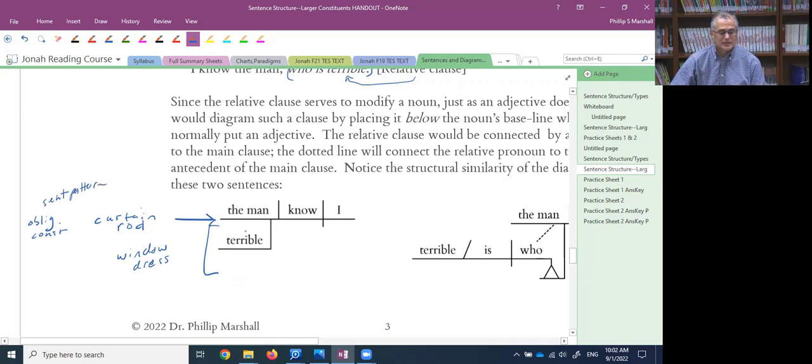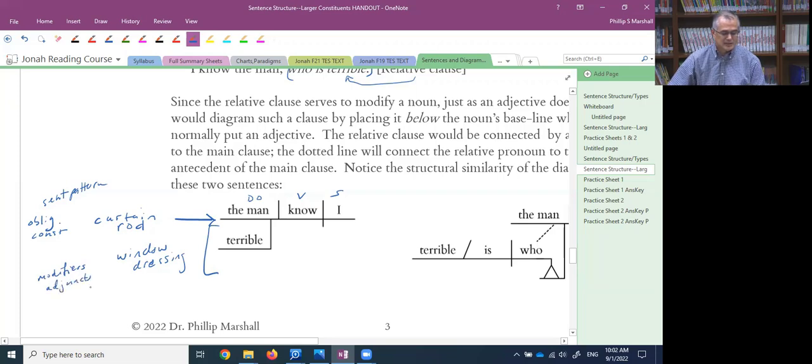What's the sentence pattern here? I know the man: subject, verb, direct object. These are the obligatory things, right? What is the window dressing? The window dressing, these are the modifiers. These are the adjuncts.